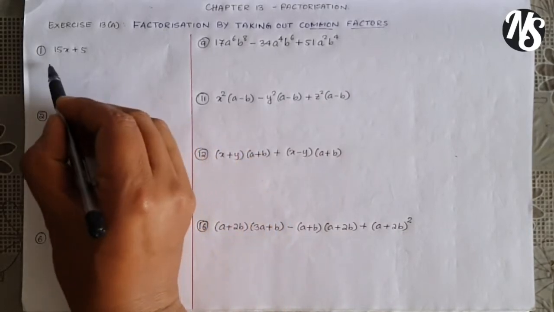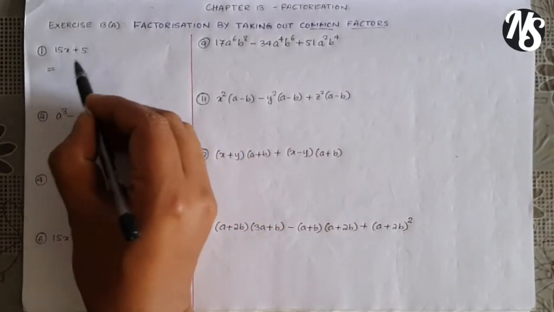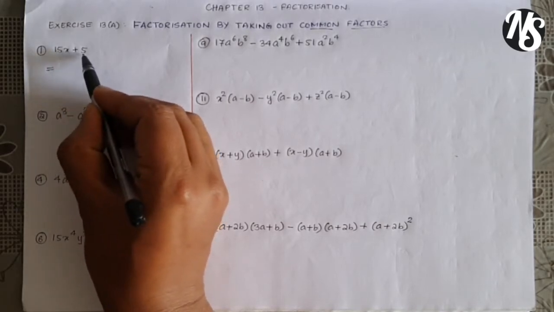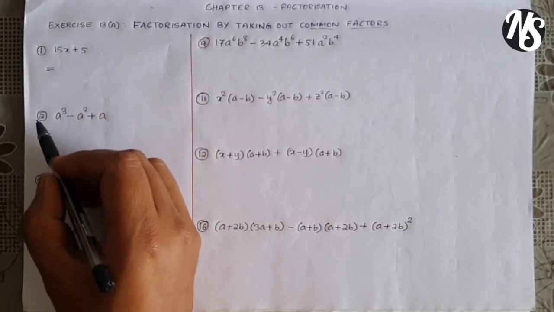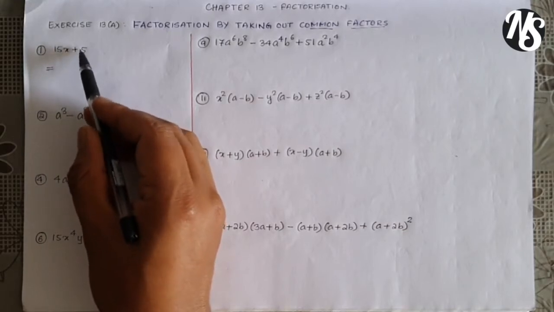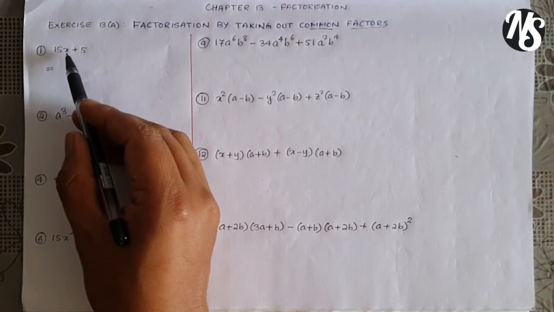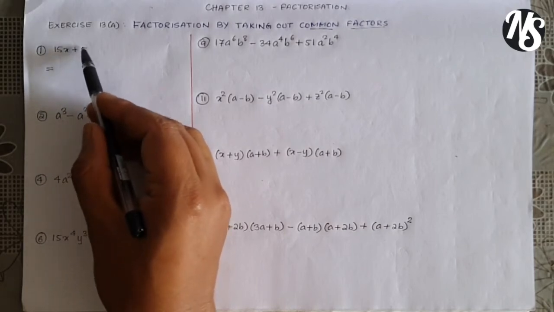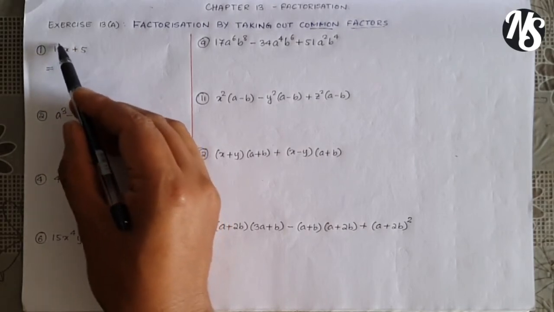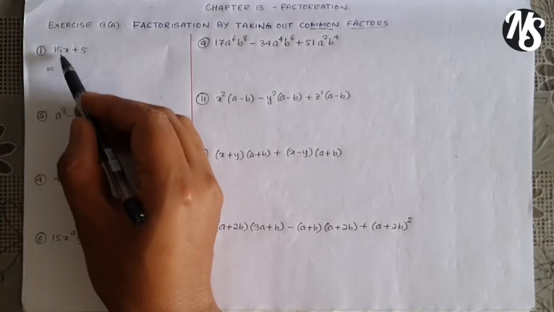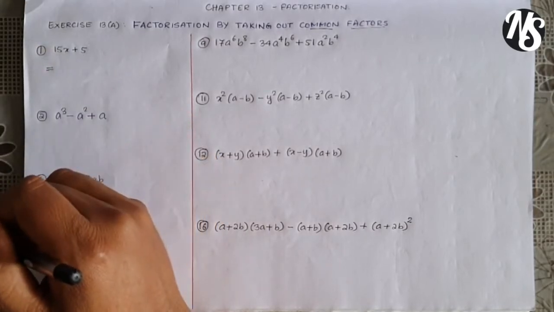For example, in this particular question, in the first term we have 15x, in the second term we have 5. Do we have x in the second term? No. So x is not a common factor. But 5 is in the second term, and 15 contains 5.